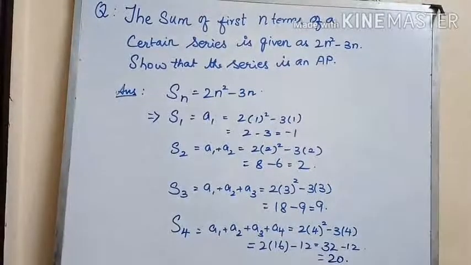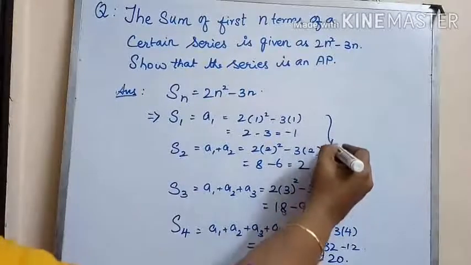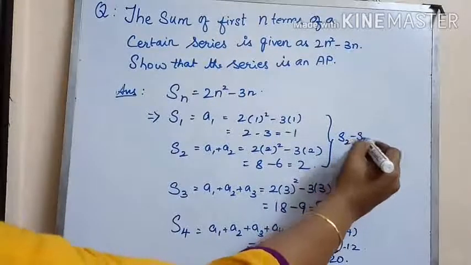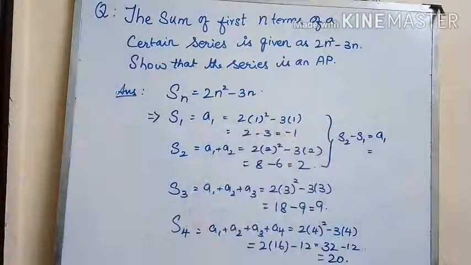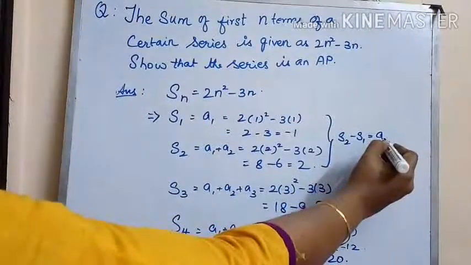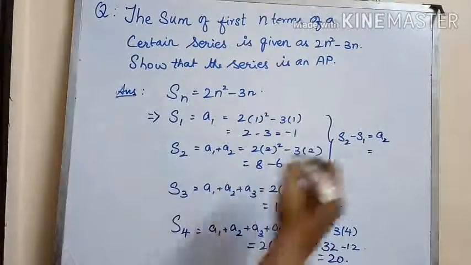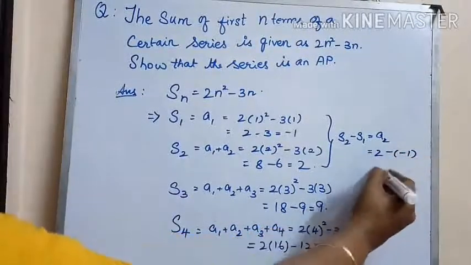Now let us find A2 from the difference of S2 and S1. So S2 minus S1 is equal to A2, which is 2 minus of minus 1, which is 3.